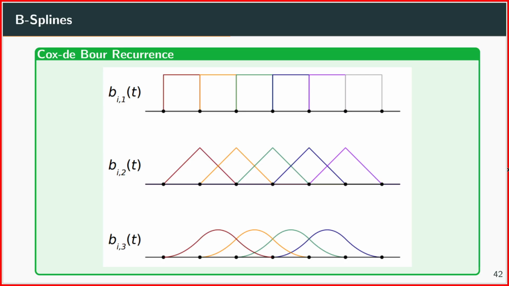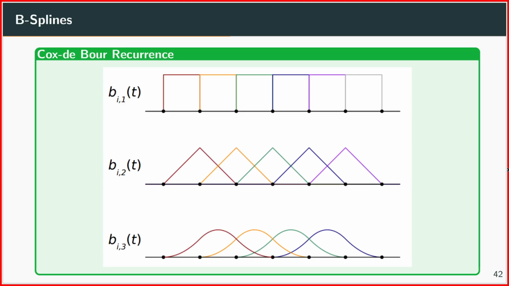One is the ones which are just square ones, and you have those triangles, and then for the third one, you have those Gaussian shapes, so those quadratic functions. In the end, your function would in this case be at least C3, because you have chosen k equals 3. But of course, you can do that up to any dimension you want.